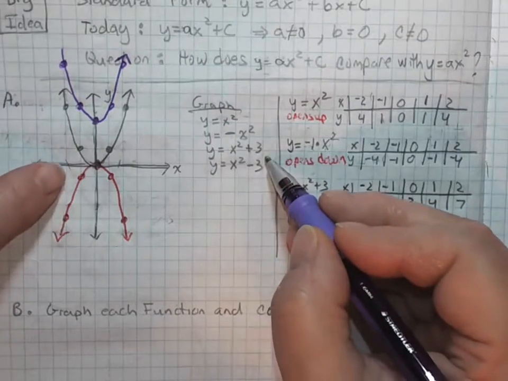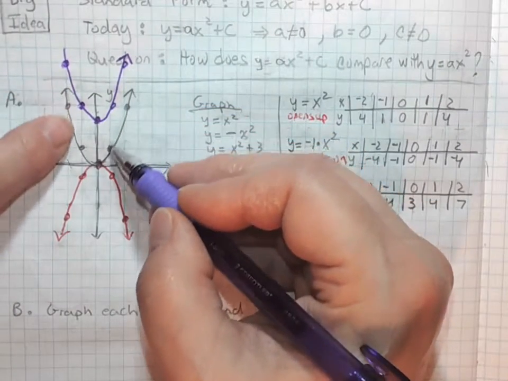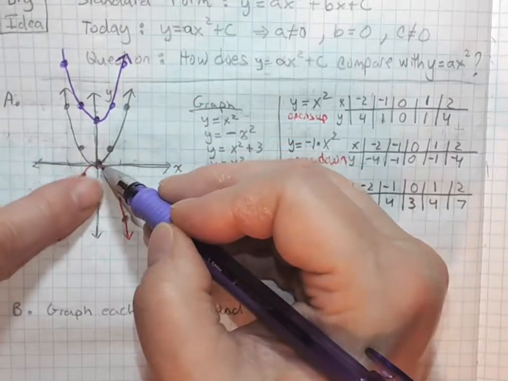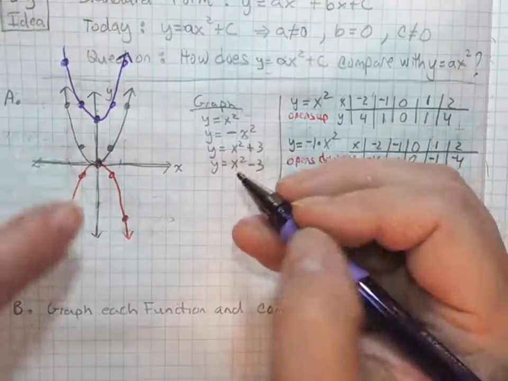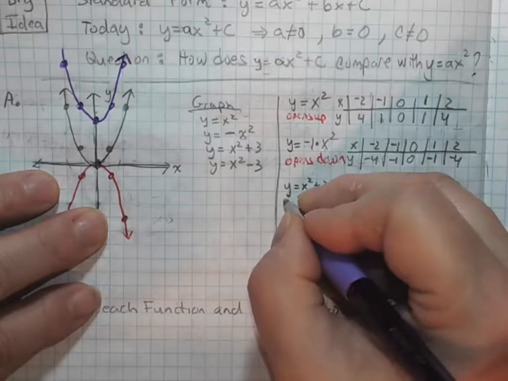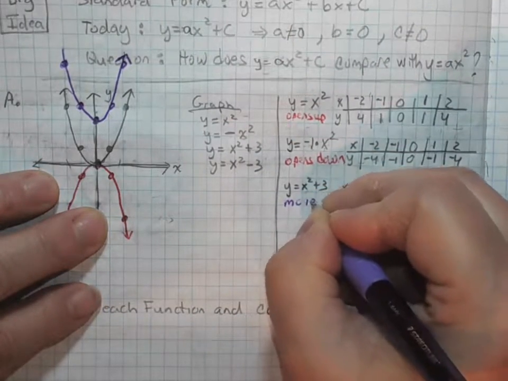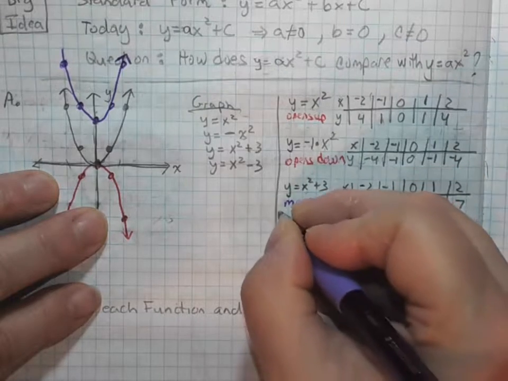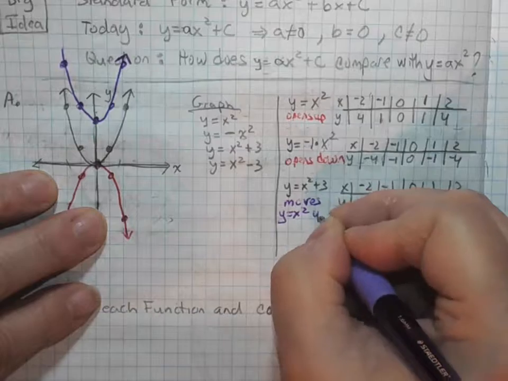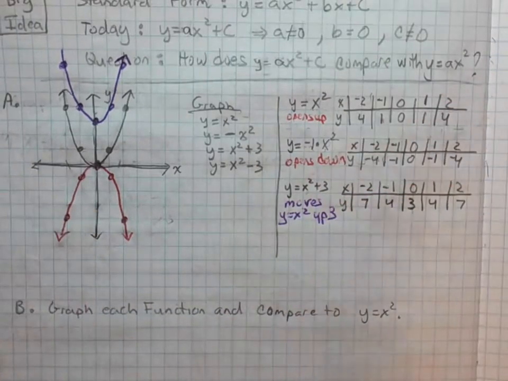So adding 3 takes the original graph and just shifts it up. That's called a vertical translation. So we're moving that graph up. So this is moving up 3. It was y equals x squared up 3 units.